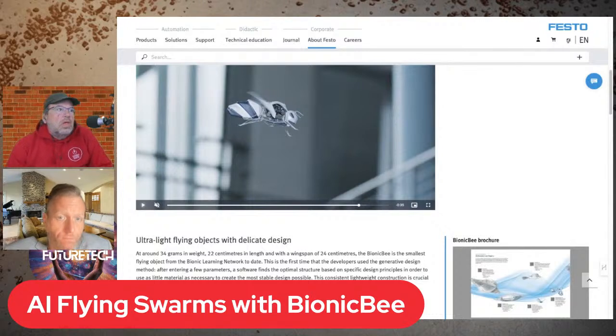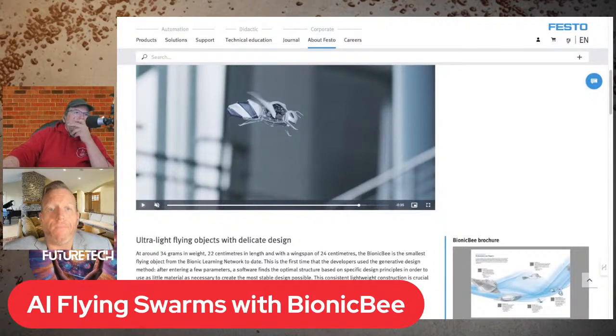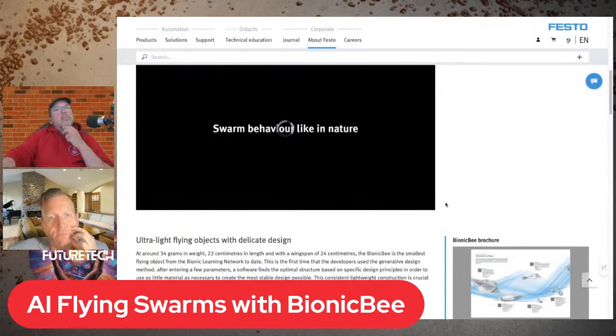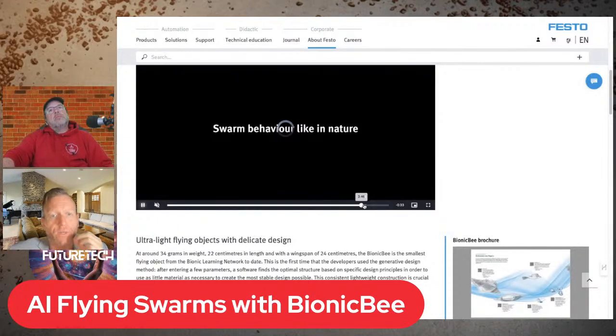What do you think the challenges are on scaling this down? Yeah. Weight. So there's a couple of things. Getting it smaller, building the actual frame itself at a smaller scale, is going to be difficult.